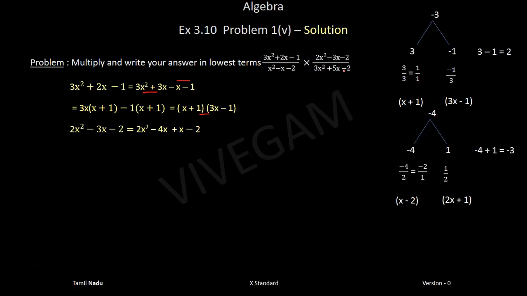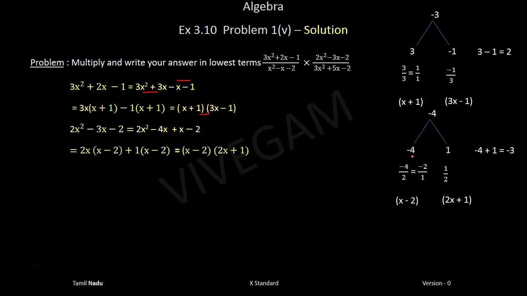The same for the next polynomial, 2x² − 3x − 2. 2 times 2 is 4, minus 4. That needs to be split in such a way that we get minus 3. So minus 4 is minus 4 into 1, and minus 4 plus 1 is minus 3. So it meets the criteria.